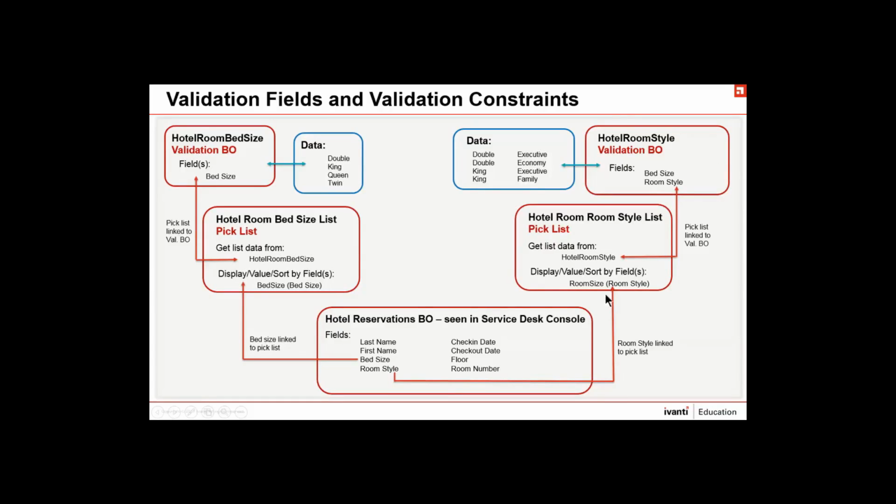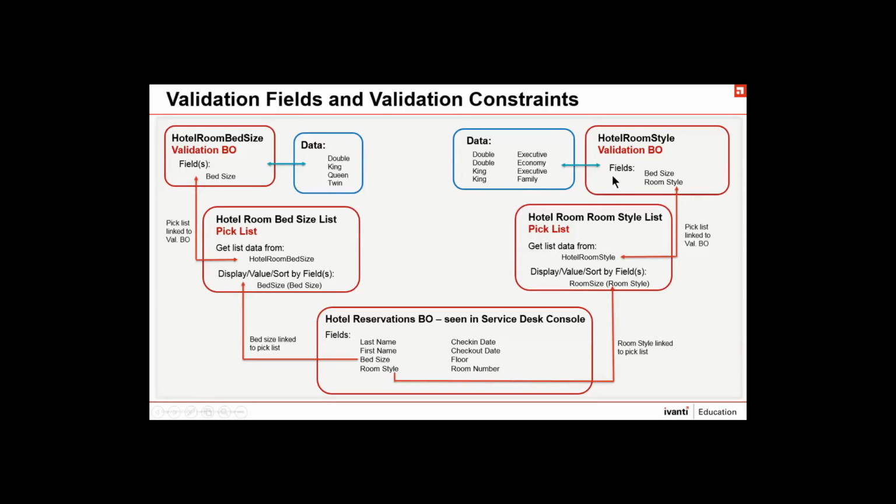So what we're going to do now is build this on the right-hand side. We're going to build a validation business object just like we did in the other activity. However, this one's going to have 2 fields. You have to have the 2 fields in the second validation business object if you want to be able to do a constraint. So sometimes it feels like you're doing the same thing more than once.